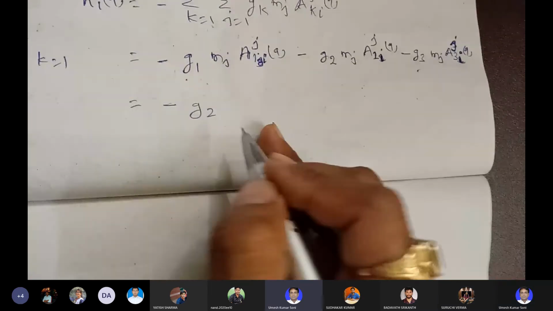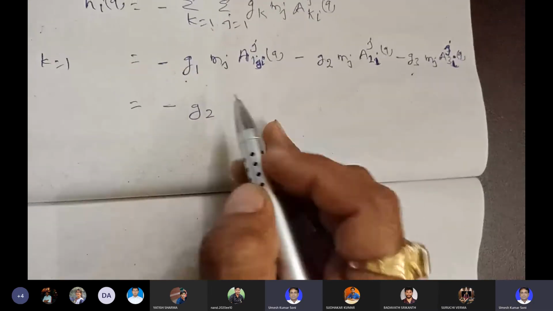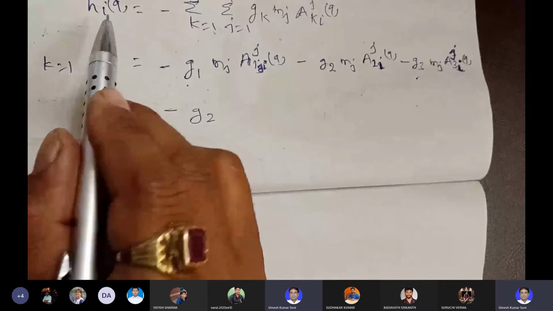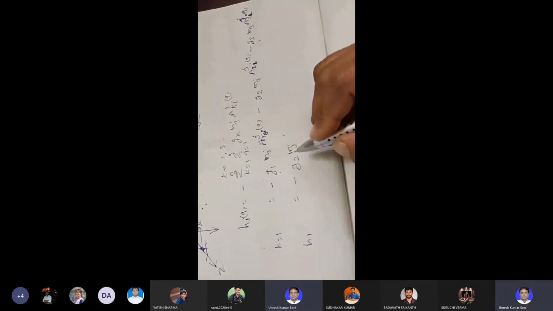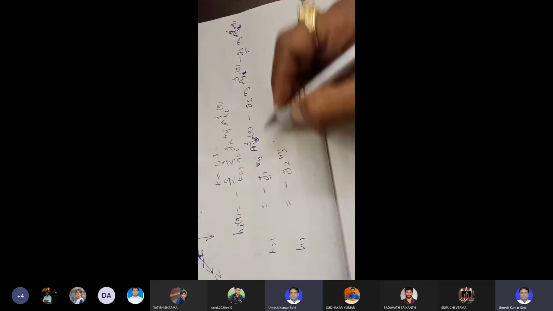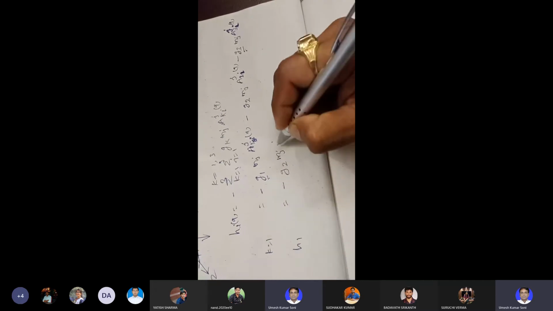Okay. So here you are calculating for I equal to 1. Okay. So H1 you will get H1 equal to mj. Here this G1 and G3 term is 0. So only you have this term. Okay. So what is the equation?